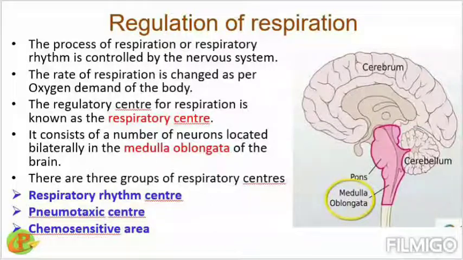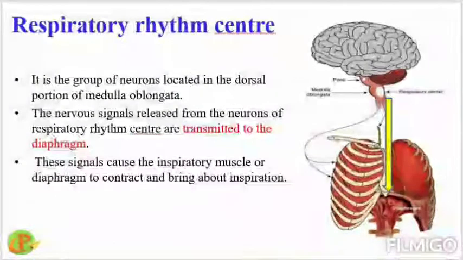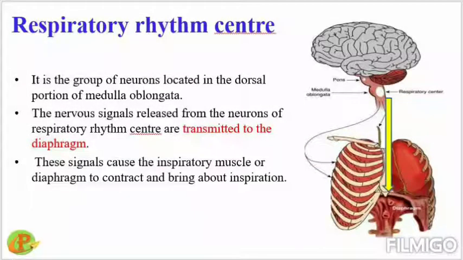Now let's discuss one by one. First, the respiratory rhythm center. The respiratory rhythm center is present at the dorsal side of the medulla oblongata, that is the back side of the medulla oblongata, as you can see in the picture. This center regulates the movement of the diaphragm during inspiration.